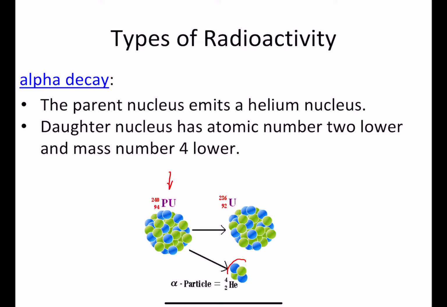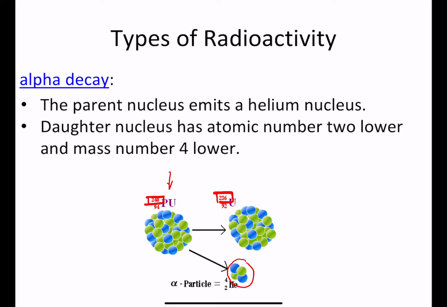As we just discussed, an alpha particle is a nucleus of helium which consists of 2 protons and 2 neutrons. And so you're left with another heavy nucleus which is a little bit lighter than the original one. So since 4 particles left, the mass number has gone down from 240 to 236, because 240 minus 4 is 236.